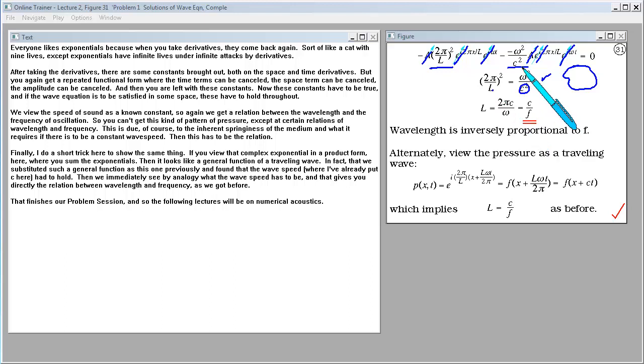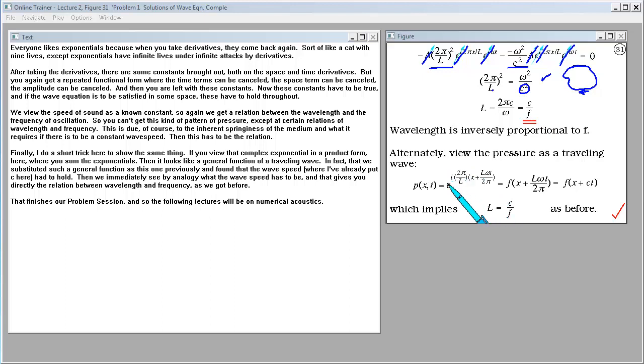So you can't get this kind of pattern of pressure except at certain relations between wavelength and frequency. This is due, of course, to the inherent springiness of the medium and what it requires. If there is to be a constant wave speed, then this has to be the relation.